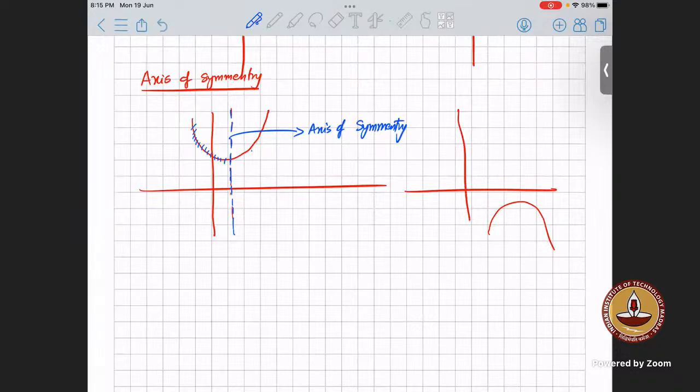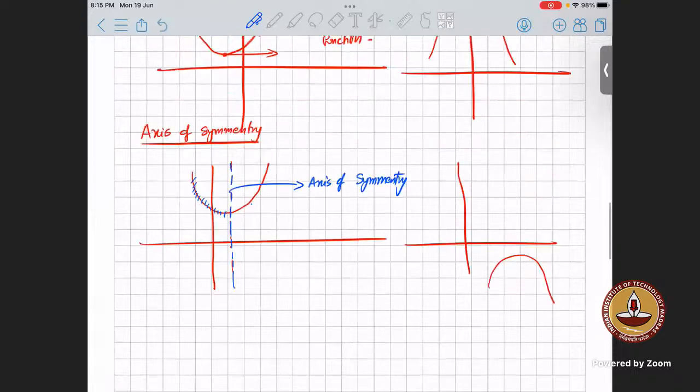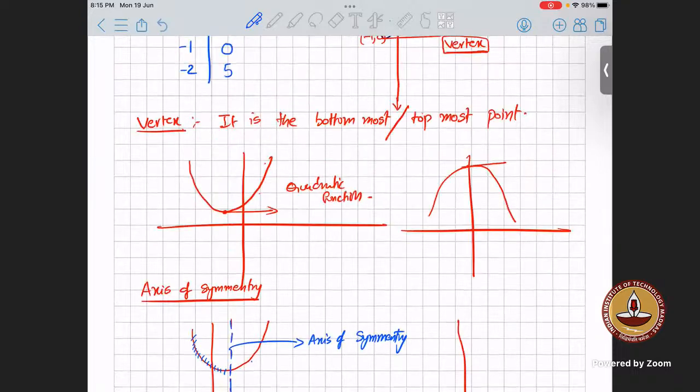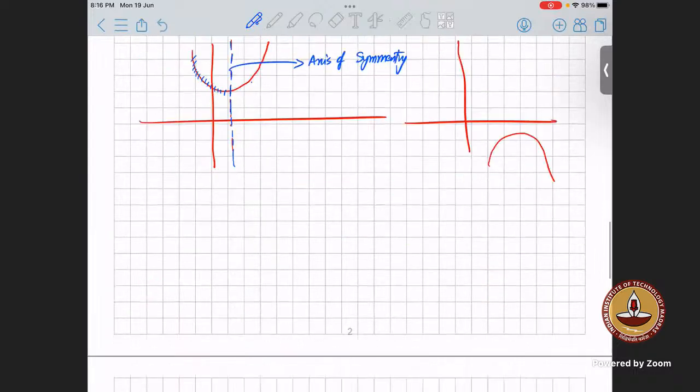Look, we defined two important parameters for a quadratic function. What are the two important parameters of a quadratic function? Can anyone answer that?